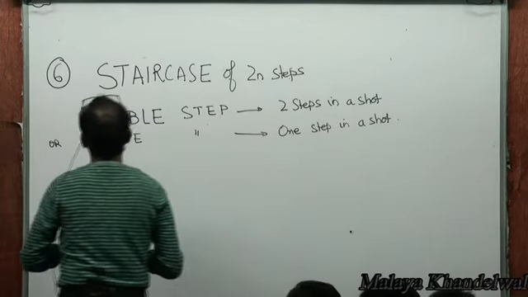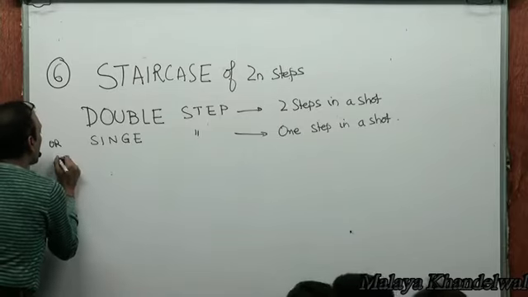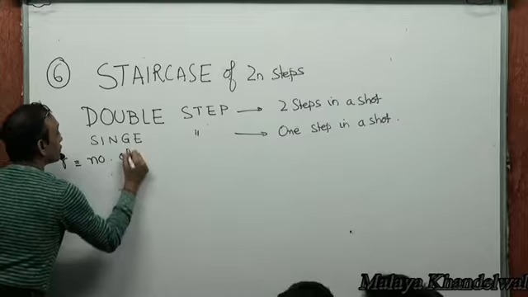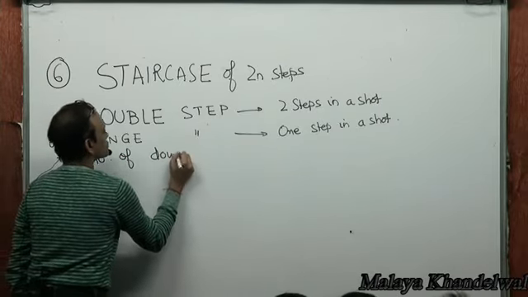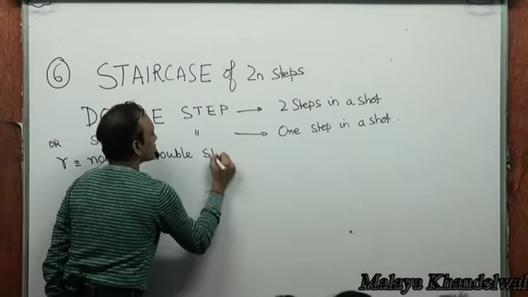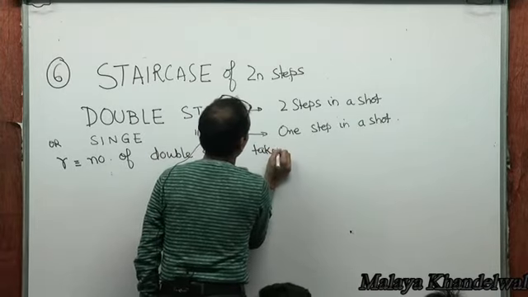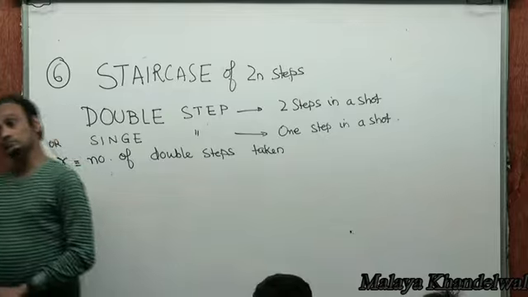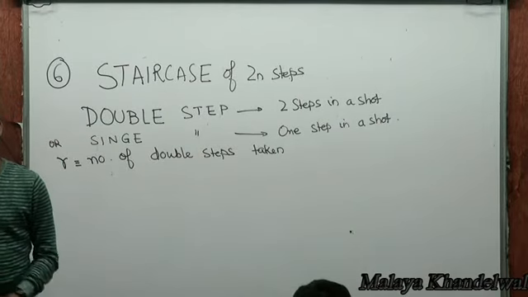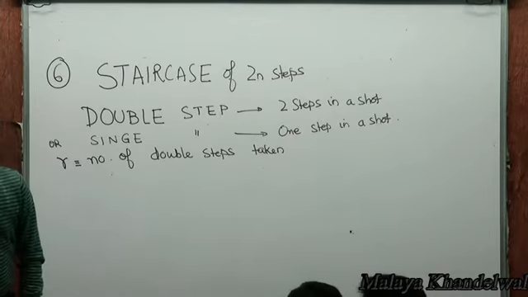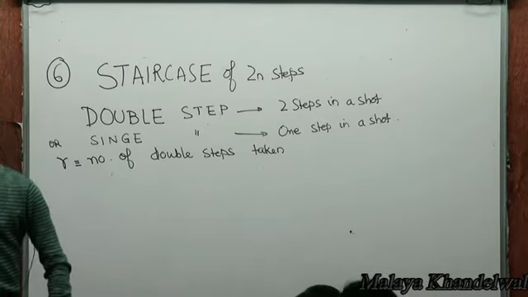What we do is, let us say that R is the number of double steps that he takes. R can be 0, R can be 1, R can be 2, R can be 3, or R can be n, because when R is n, all the 2n steps are covered.